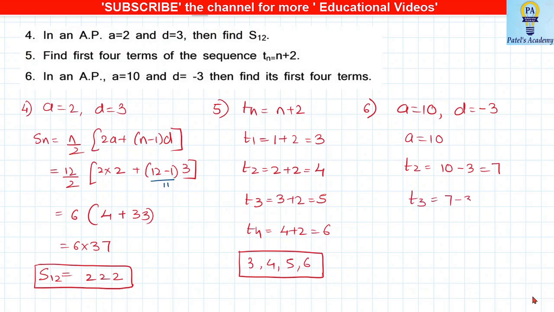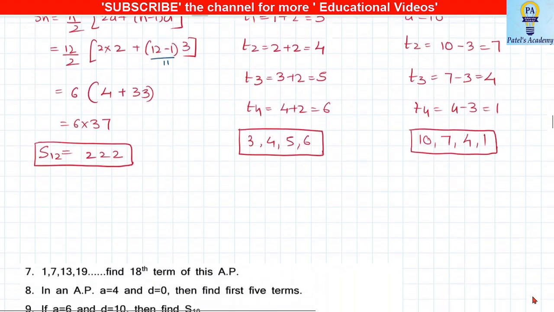T3 is 7 minus 3, that is 4, and T4 is 4 minus 3, that is 1. So the terms are 10, 7, 4 and 1. Okay, so here you can check the value of d is minus 3. Yes, so your answer is correct. Okay, let's see the next one.